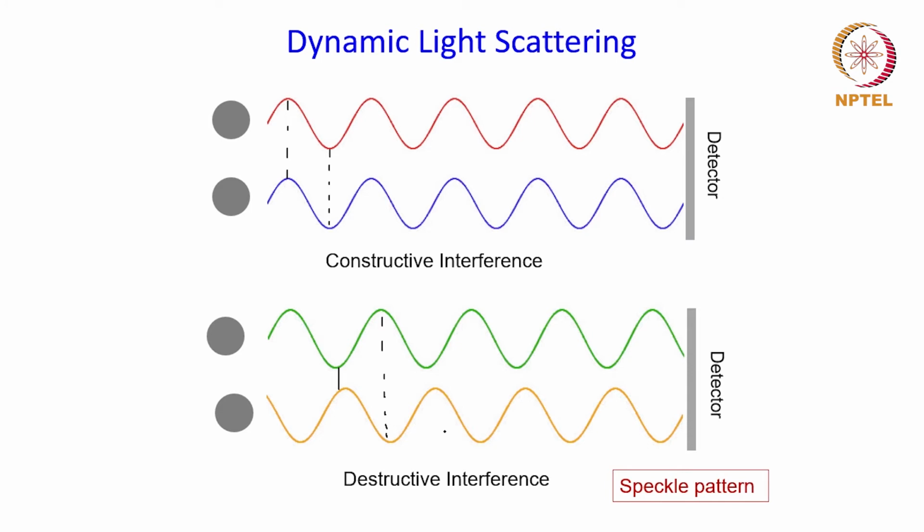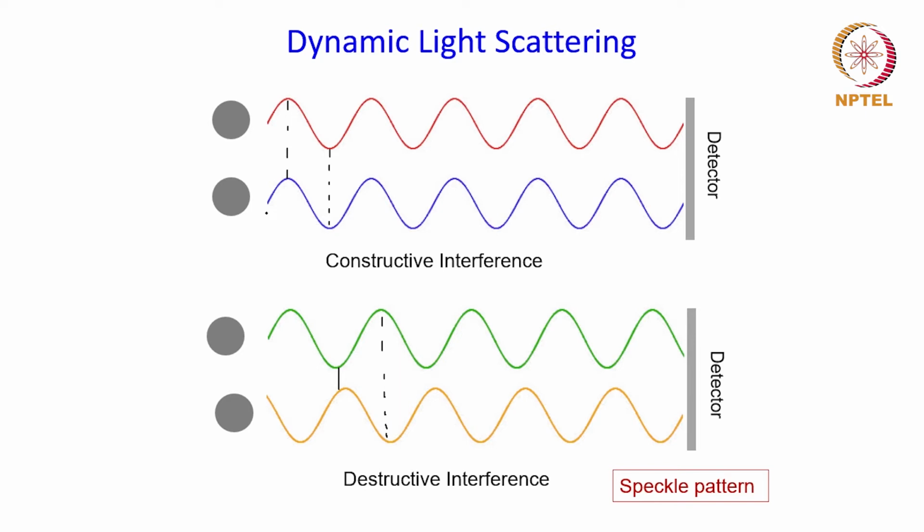Now if these particles are static, then the intensity of this speckle pattern will also be static, or constant, right? The intensity will not be a function of time, or it is going to remain constant because the conditions are static.